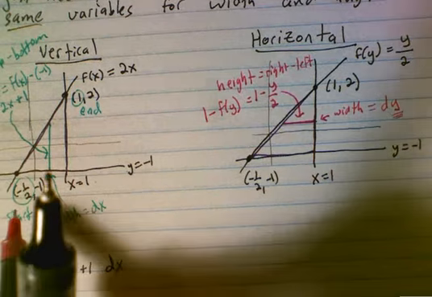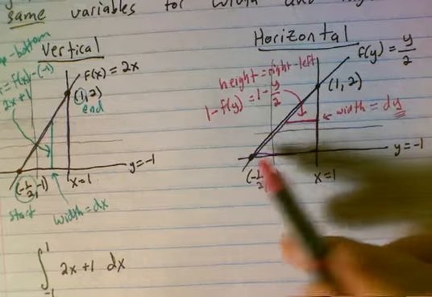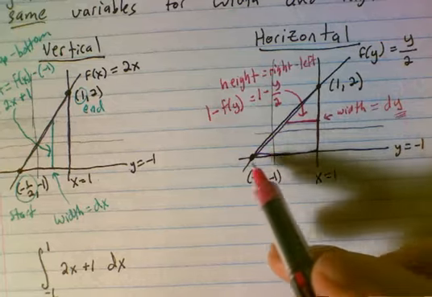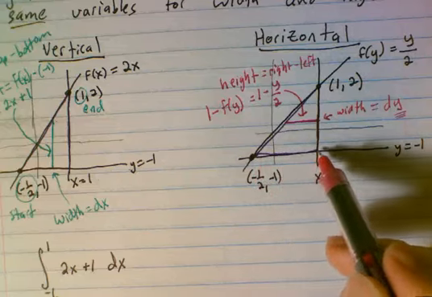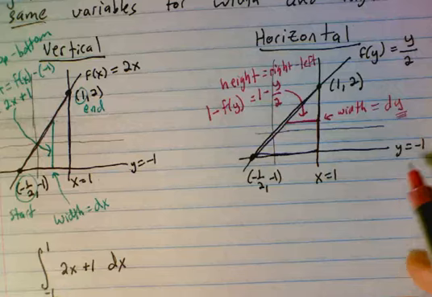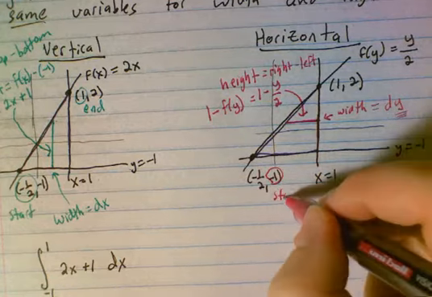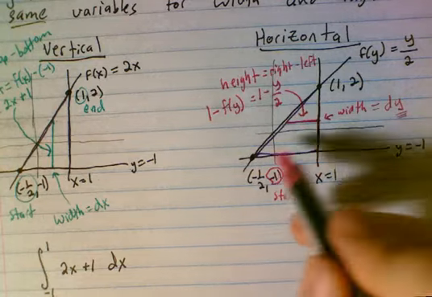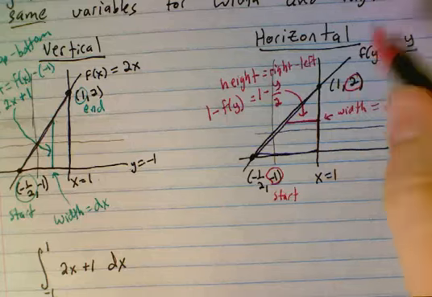Now, instead of our starting point being the x values, when we're doing these rectangles, we're starting off right down here. We have a bunch of different x values as we draw this rectangle, but there's only one y value. It's y equals -1. It's the y value right here. So that's where we start. And then we keep drawing rectangles until we get up to here, where our y value is 2.